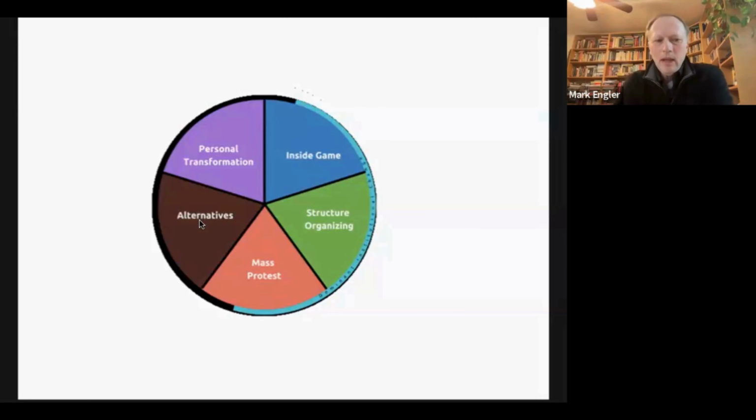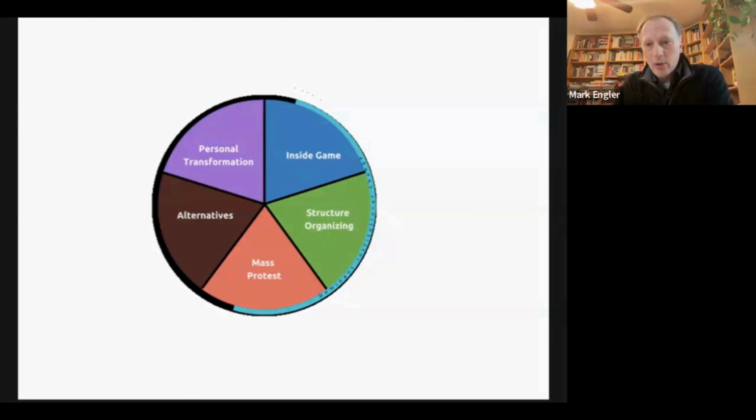Alternatives is people who are trying to create different models of ways to live. That was some of the people I grew up around in the Catholic Worker. They created these radical communities of people who modeled very different values. This can include worker cooperatives, different ways to do business.